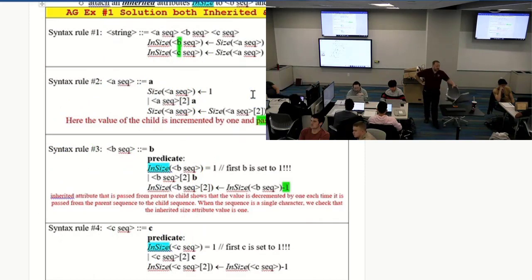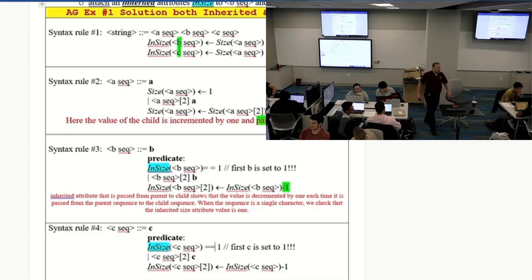Talk to yourselves about it first, quietly, and figure out why. So what's syntax rule number 4 going to use? Synthesis or inheritance? Inheritance.